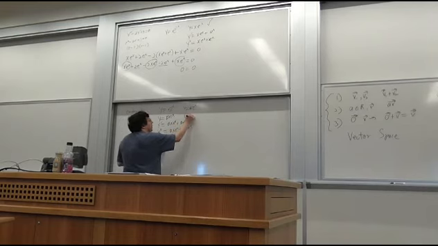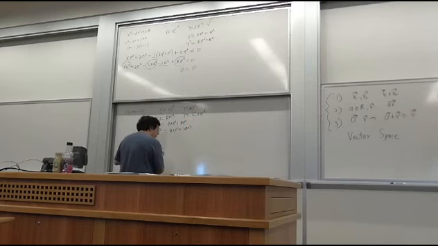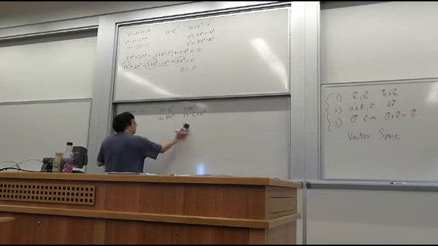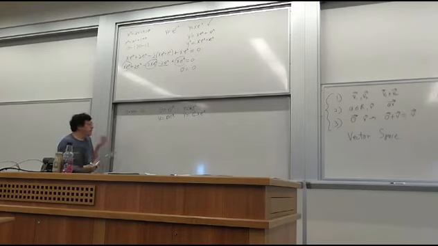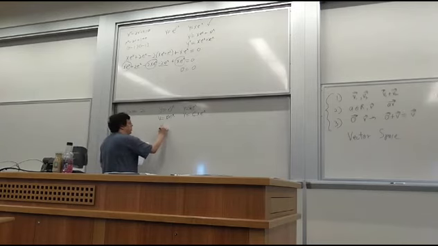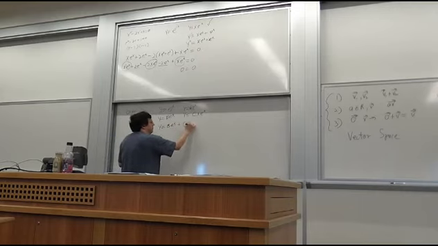Likewise, you could pick some other arbitrary constant c, and for every value of c, this will be a solution. And in fact, you could combine these. This will be a solution.